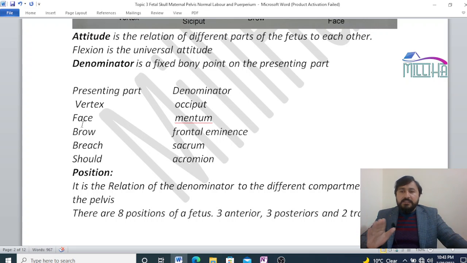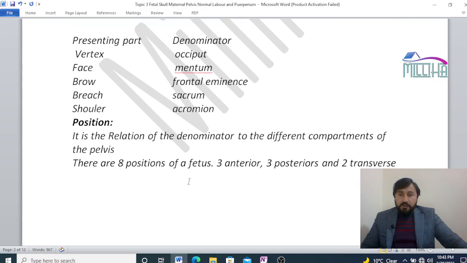In that case, the denominator is mentum. Mentum means your chin. In brow presentation, the frontal eminence is the presenting part. In breech presentation, sacrum is the denominator. In shoulder presentation, acromion is the presenting part.